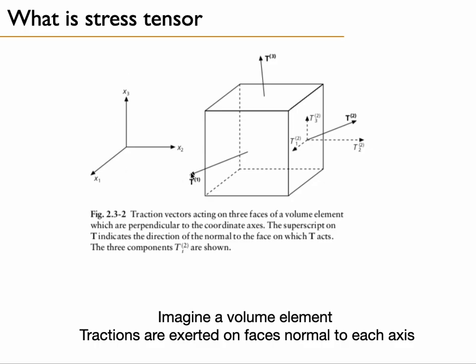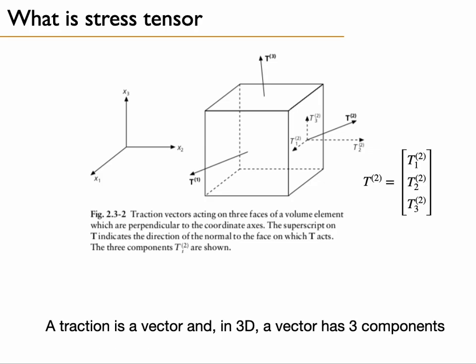So these tractions are vectors, and these vectors have 3 coordinates in 3 dimensions. So for example, T2 here can be split along the 3 axes of the space. So T2 projected on x1, T2 projected on x2, and T2 projected on x3.